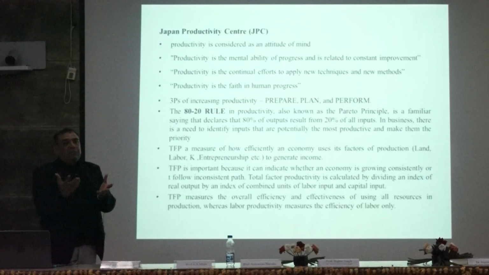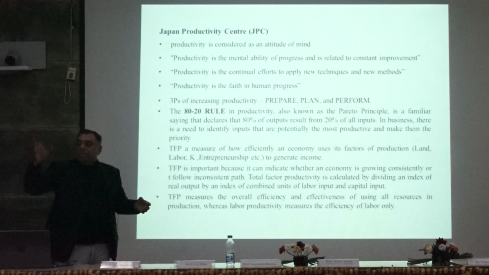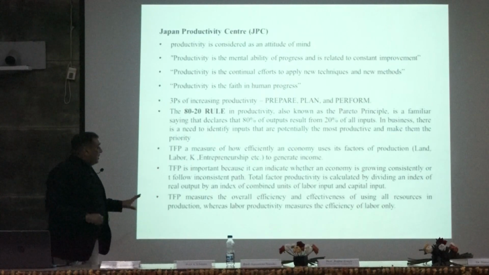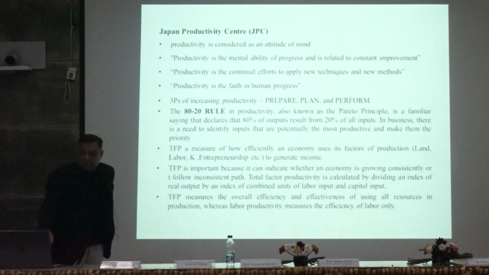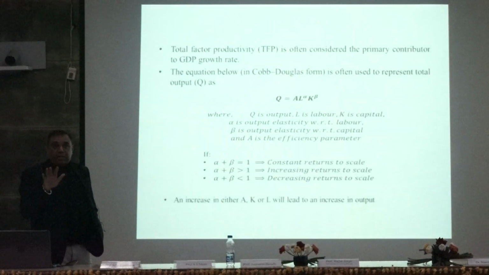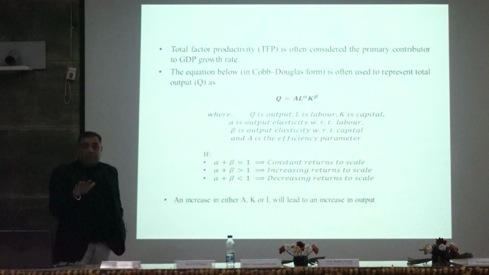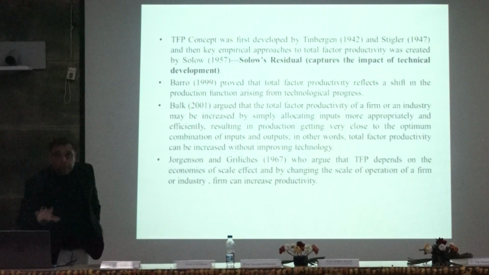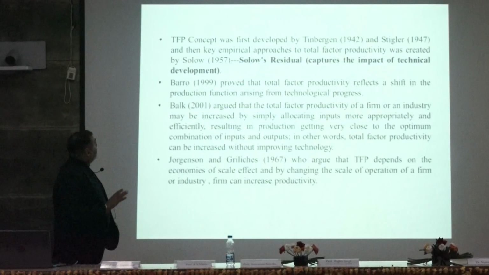And if you are increasing the production and if you are taking care of all these factors, that means you are also taking care of the productivity as well. So it is very important to consider aggregate demand, aggregate supply, the factor inputs, land, labor, capital, entrepreneurship, and then how efficiently you use them.